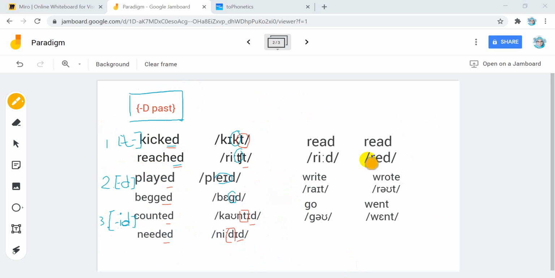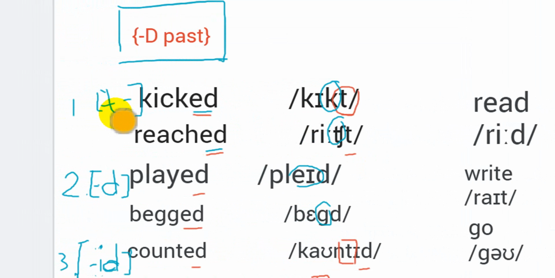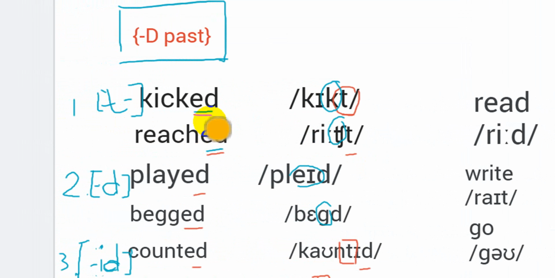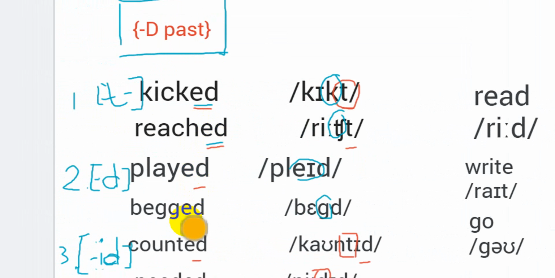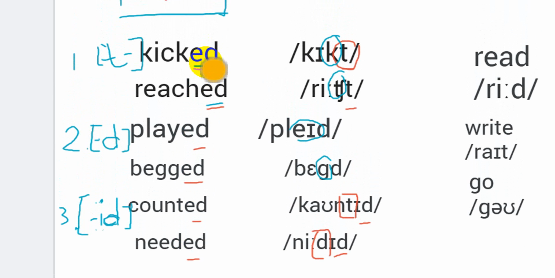Now, what about for the past form? Almost the same, like S ending to mark plural, we usually have ed ending, okay, as you can see here. The ed ending in the words marks the past form.